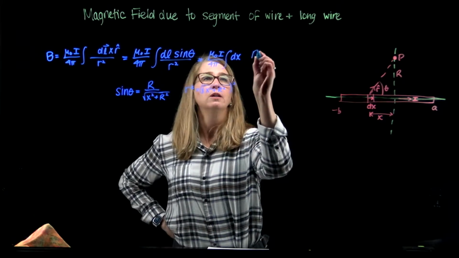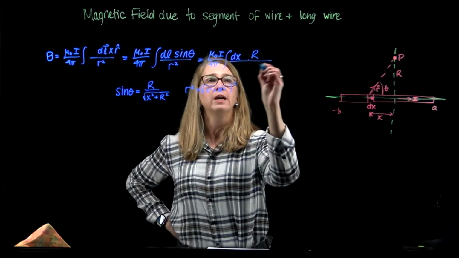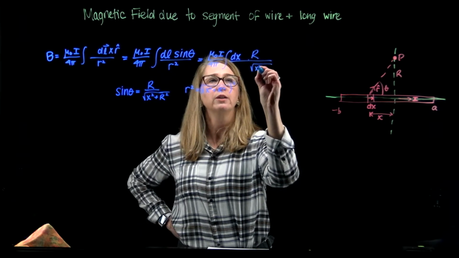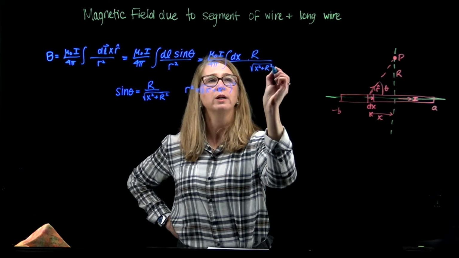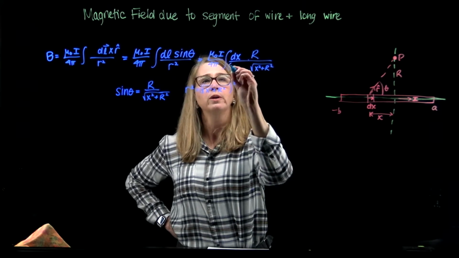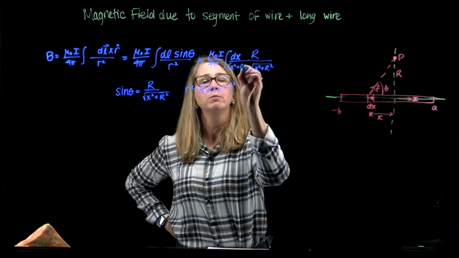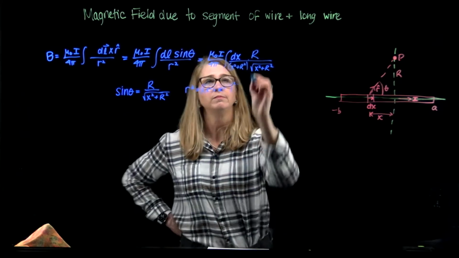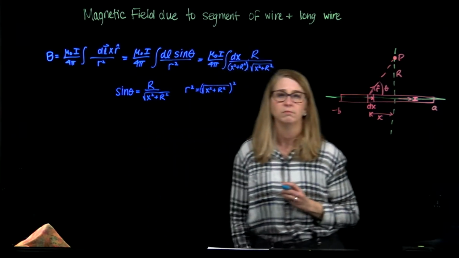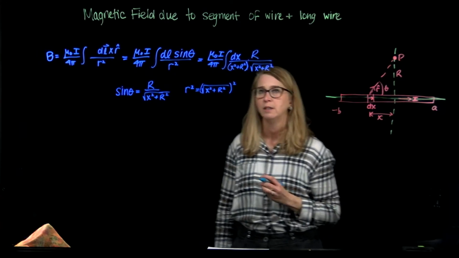So for the sine of theta, I have big R over the square root of x squared plus big R squared. And little r squared could be written as x squared plus big R squared, just not raised to the half.